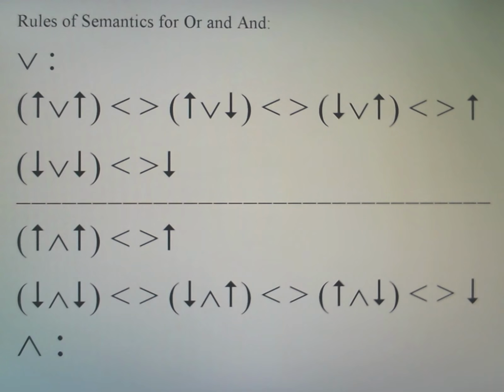Contrarily, for and, only the combination of true and true gives us a true statement, because if an and statement has one or both parts false, it will be false. So false and false is the same as false, true and false is the same as false. These are all false, and these are all true.